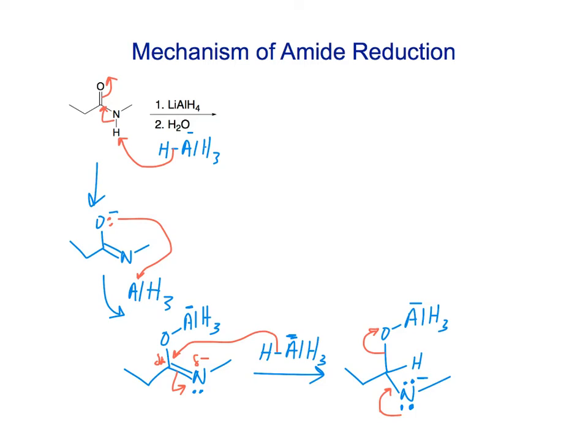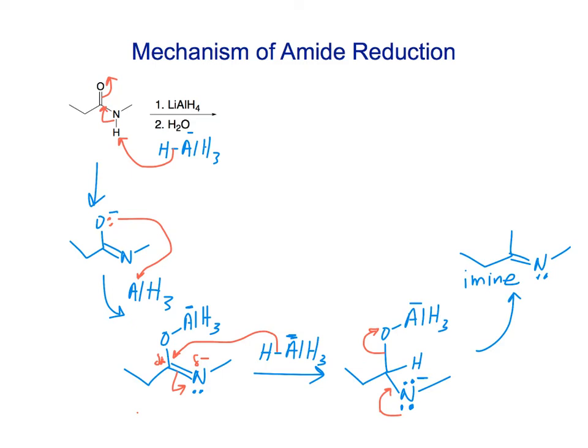The aluminum pulls the oxygen off, and we get to another compound that has another carbon-nitrogen double bond. Okay, this type of compound is called an imine. In the next chapter, we're going to see how to make those. But you'll have to wait until then.